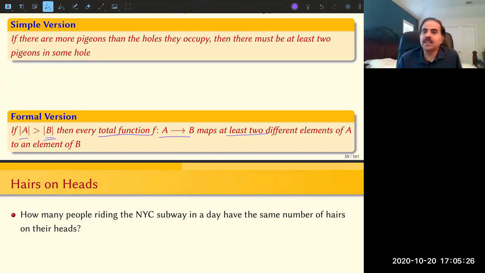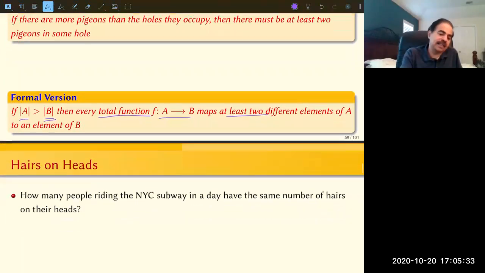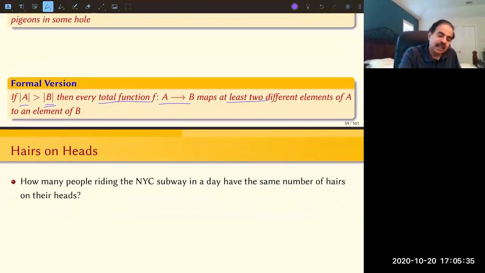So what other data do we need? The number of people riding in a subway in one day. Okay, so let's say 100K hairs and 4.3 million, right? So this is the pre-pandemic number. 4.3 million people ride the subway in a day. So that tells you what? How many people should have the same number of hairs?